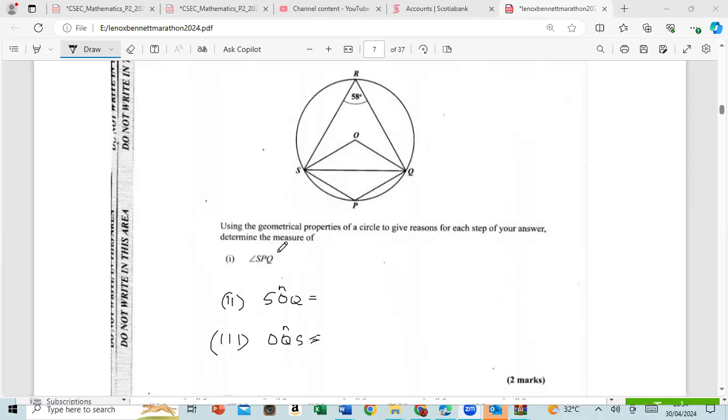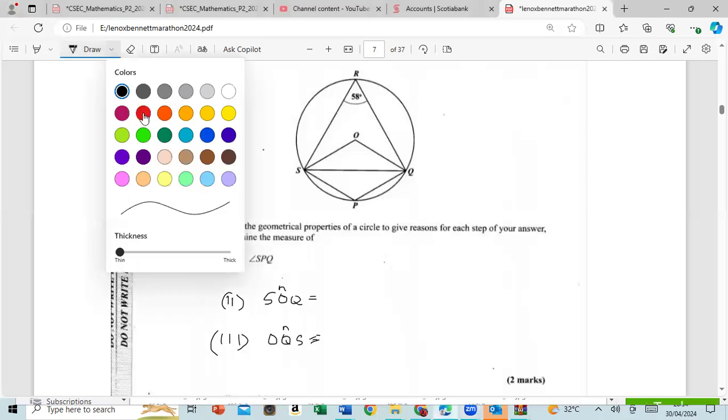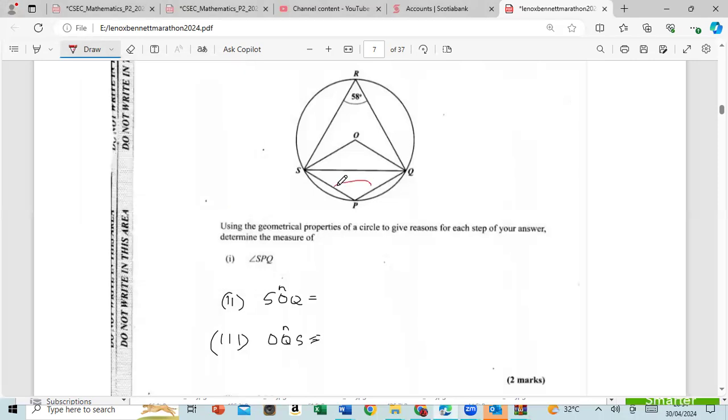The first one says angle SPQ. You see the one in the middle, that is the actual angle they're looking for. So they want this angle here, SPQ. This is the angle they want.